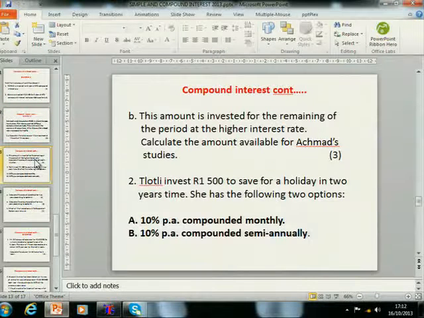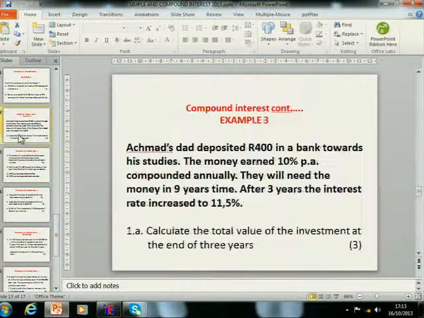This amount is invested for the remaining of the period at the higher rate. Calculate the amount available for Ahmad's study. We already calculated with the instruction given up there. Let's go back.